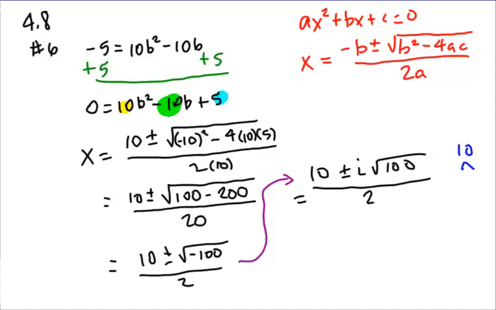If you do your factor tree of 100, you're going to get 10 times 10, which is 5 and 2, and 5 and 2. So you've got a couple of 5s, and you've got a couple of 2s. And so when you pull them out, you end up with 10.